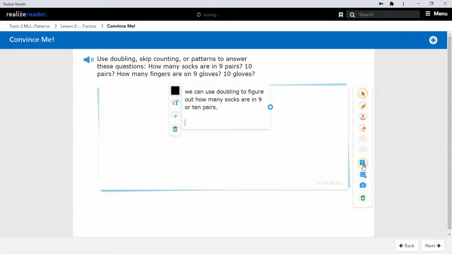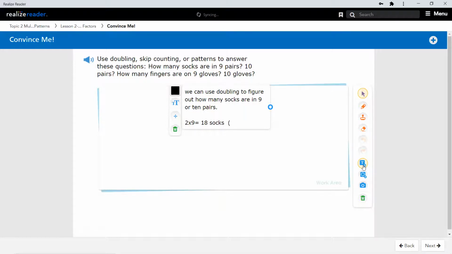We would do that by saying 2 groups of 9, because if there's 2 socks in each pair, we could do 2 times 9 to figure out our answer. And we know if we skip count by 2s, 2, 4, 6, 8, 10, 12, 14, 16, 18, that's going to give us 18 socks.